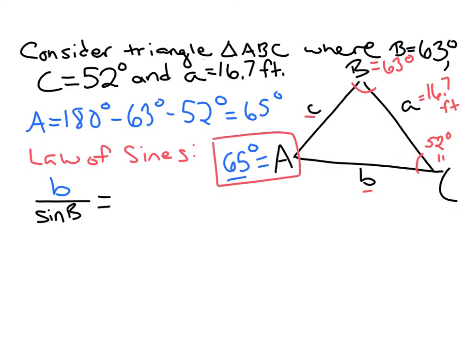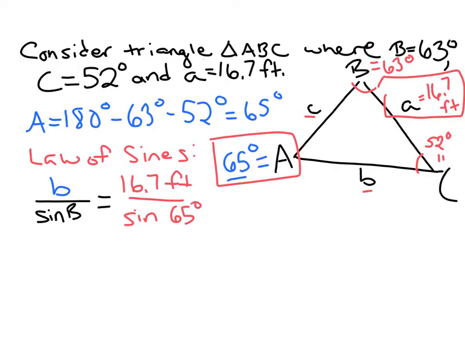Like here we know the measure of angle A, and we know the length of side a. So there's our complete pair. That's what we want to use. So side a is 16.7 feet over sine of angle A, which is 65 degrees. And then I should enter here angle B, which was given as 63 degrees.